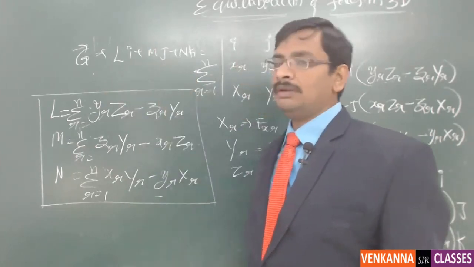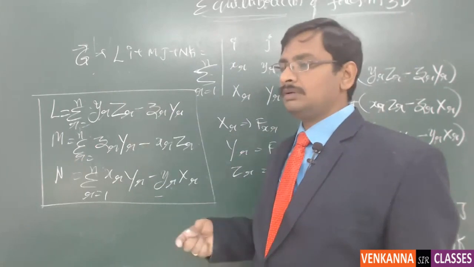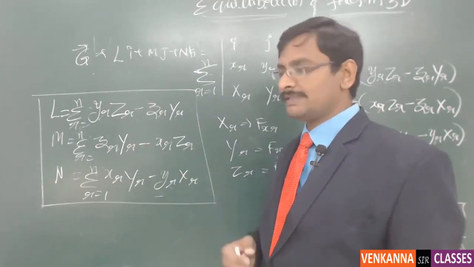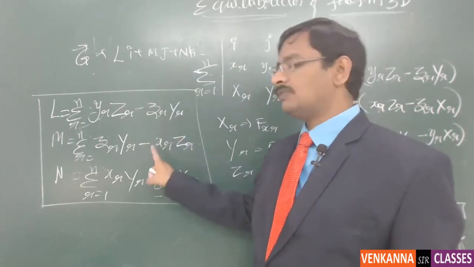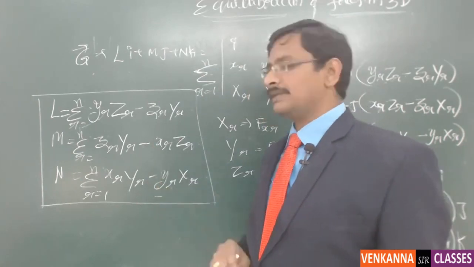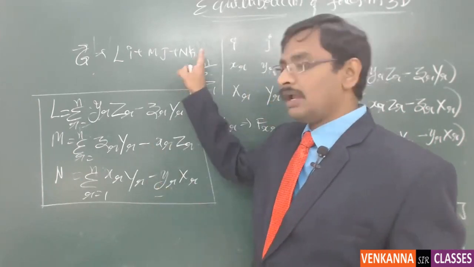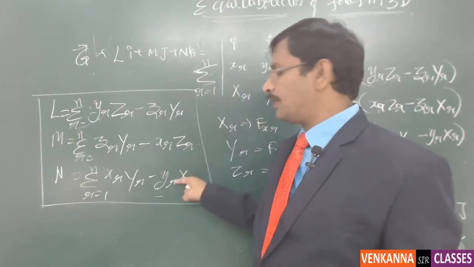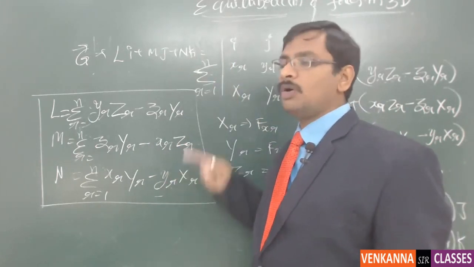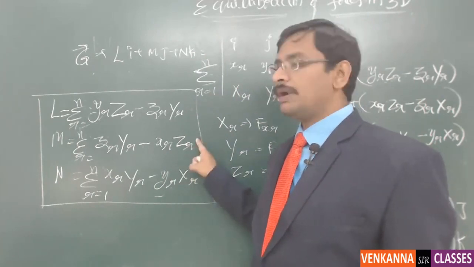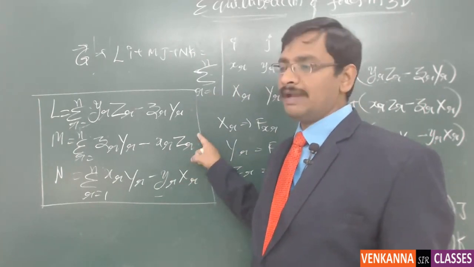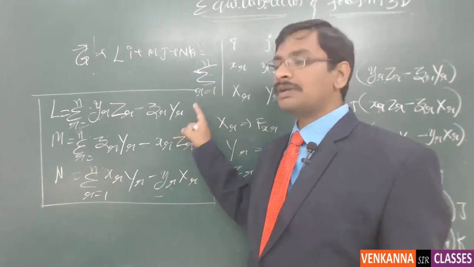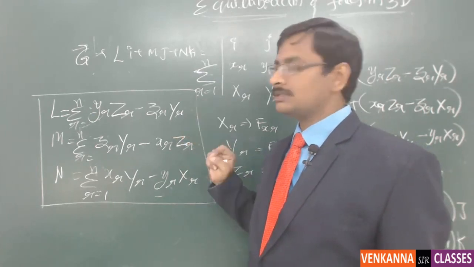About i we mean the rotational phenomena with respect to the OX axis, and similarly for the Y axis, similarly for the Z axis. So this is nothing but a normal vector. So this is the individual normal vector. This component tries to rotate the body about the X axis, this component tries to rotate the body about the Y axis, and this component will try to rotate the body about the Z axis.